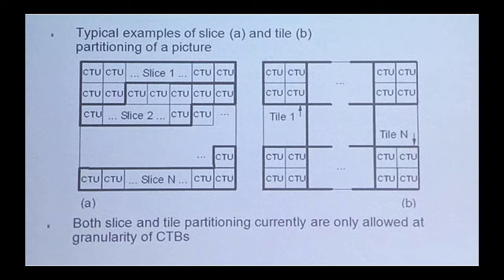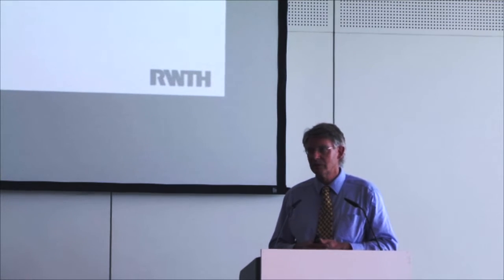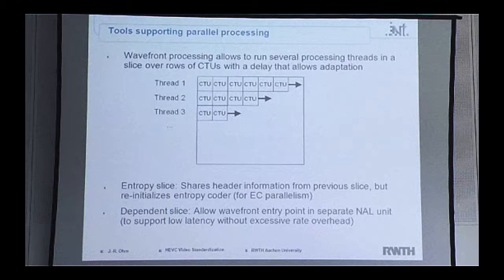And tiles are also independently decodable, and that means you can use tiles for parallel processing, either at the encoder or also at the decoder, but usually the encoder is the one that is more challenging. And those tiles could also be used, if you want, for localized access to the picture. If you want to zoom into a video, which may make sense in ultra-high resolution, you could do that.